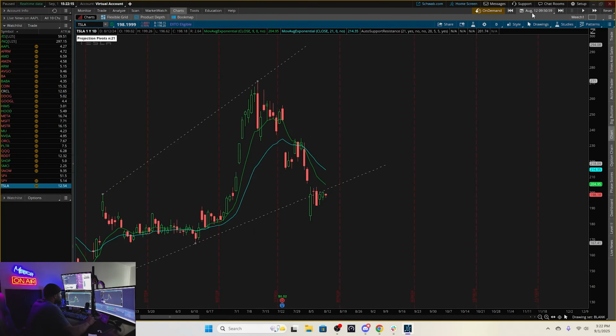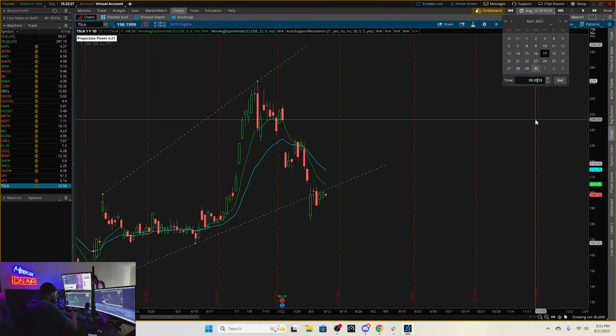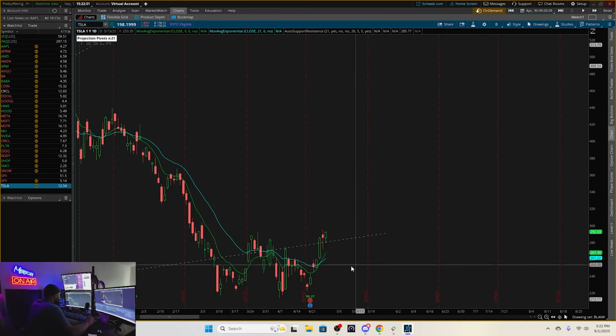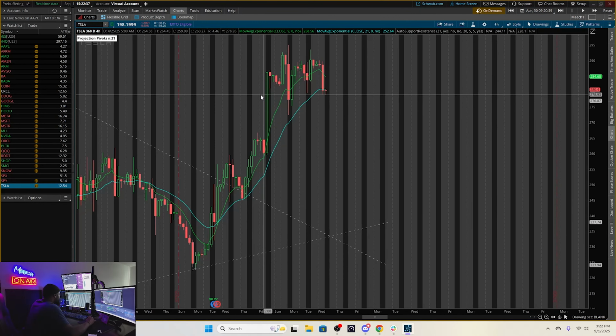April 30th, 2025. We're gonna check for gaps. The daily is bullish. Let's see what happens this day and why I take this trade.